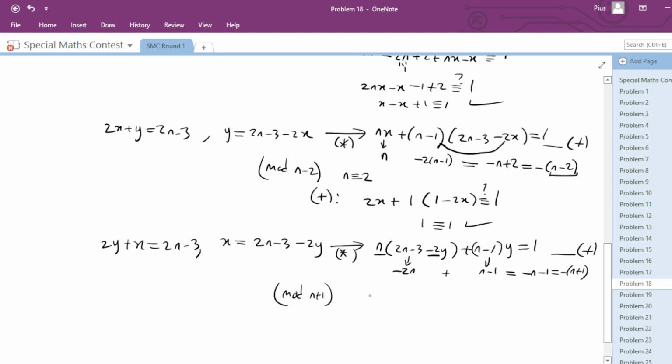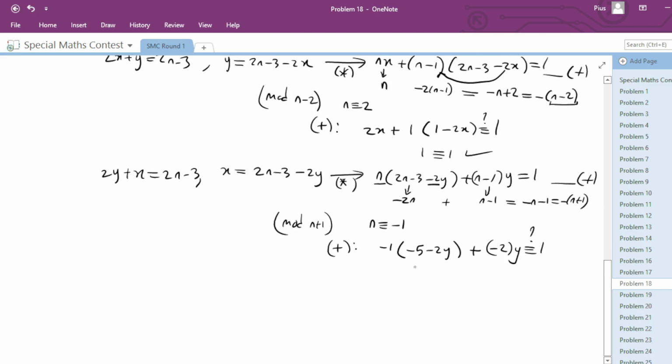Okay, so in mod n plus 1, n is congruent to minus 1, and we use that to simplify star. So this gives minus 1 times (2n minus 3), which will become minus 5 minus 2y, and (n minus 1) in star will be minus 2. It's congruent to 1. So I want to check this.